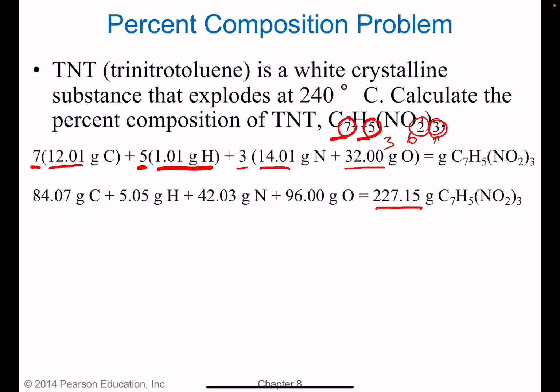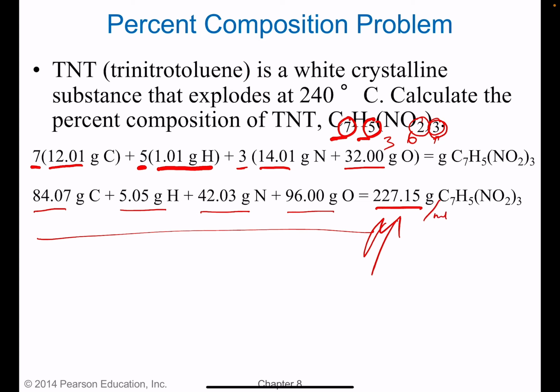Then we explicitly write out the numbers because we're going to need them on the next slide: 84 for carbon, 5 for hydrogen, 42 for nitrogen, and 96 for oxygen. You add it all up and you get 227.15 grams per mole for the molar mass of TNT.